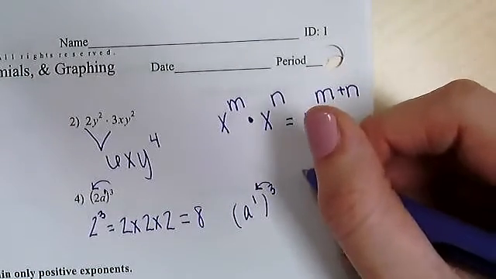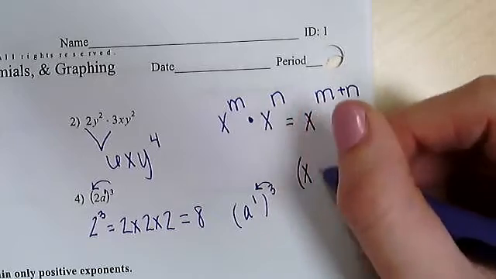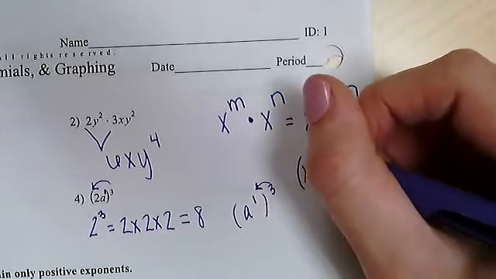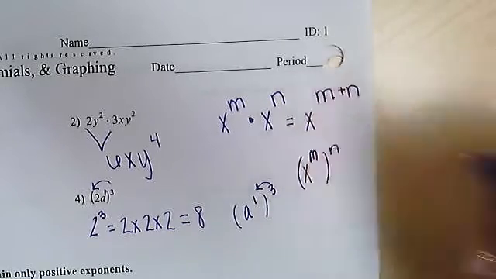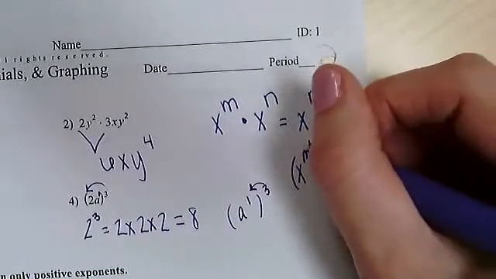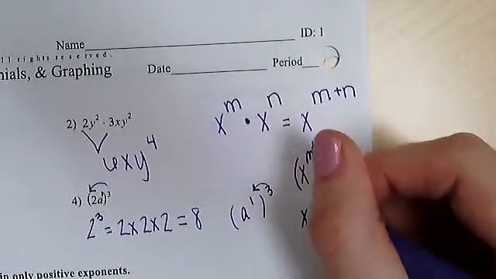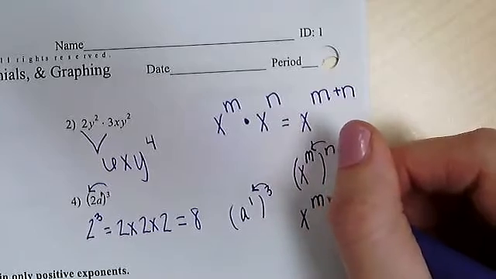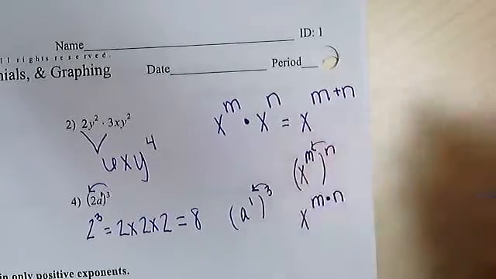Let me write the formula for you guys. If you have a variable raised to a power and then raised to another one, the formula is that the answer would be x to the m times n.